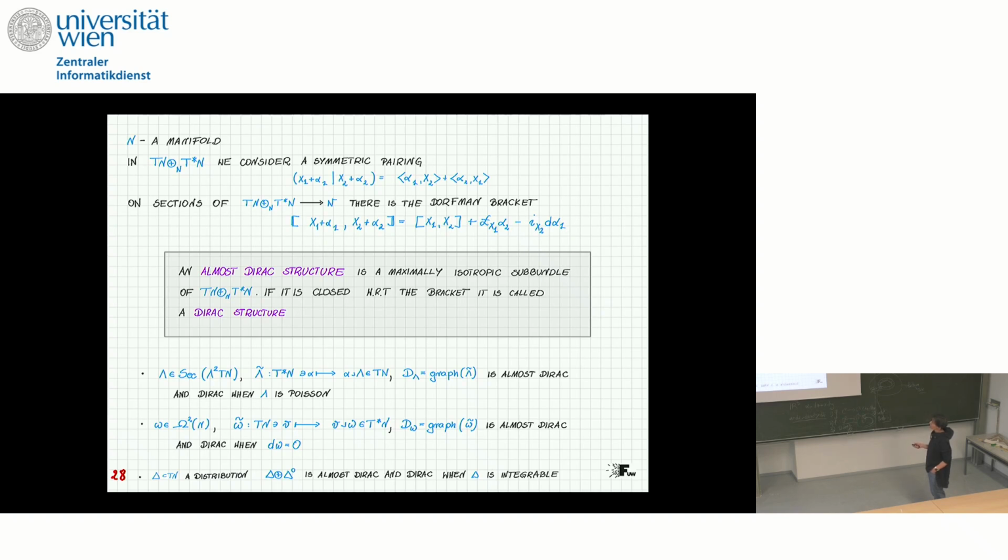What you get is again an almost Dirac structure, and when this distribution is integrable, then this is a Dirac structure. And then we will be, in a sense, mixing those examples, starting from some bivector and adding some flavor of the distributional example to fit this into the constraint problem.